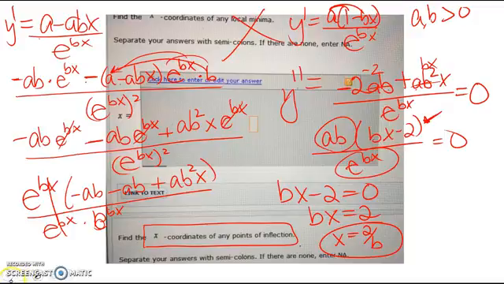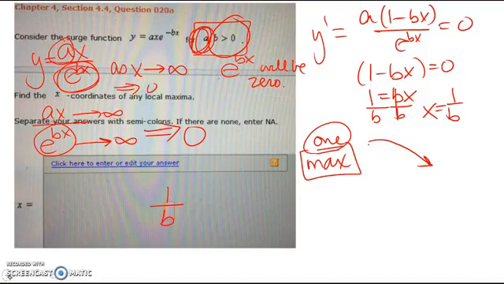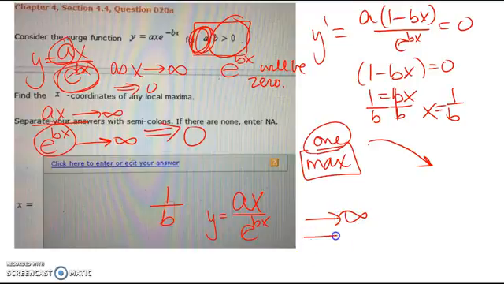If I go back to this page here, when we needed to decide if this was a maximum or a minimum, what we found was this original function, ax over e to the bx. As x went to infinity, the function approached 0.